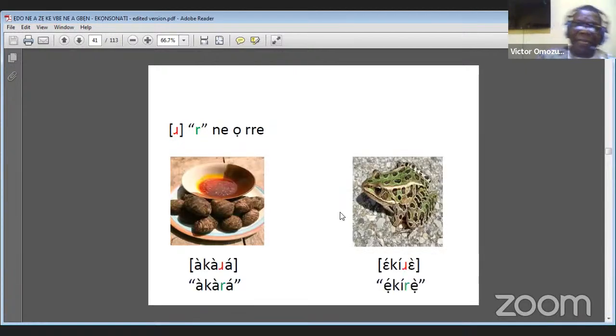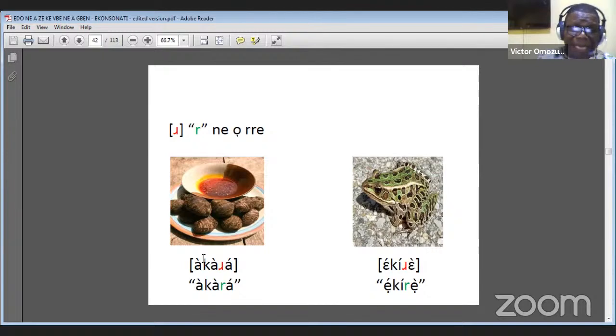Then this is the ri, and I can bet you that many people cannot pronounce that today. We have to practice it so that we are able to pronounce it well. That is why you will have more pictures having the sound ri.